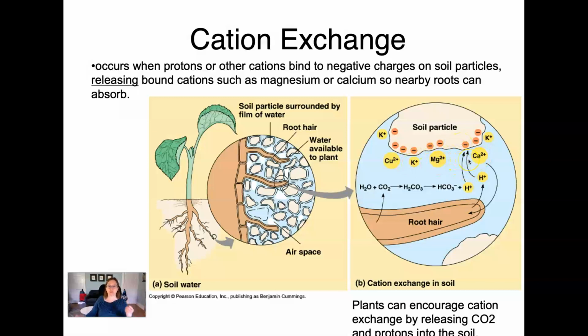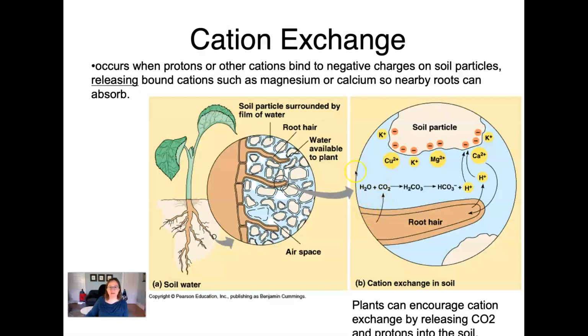cations released from the soil particle, the plant actively releases CO2 from the root hair, CO2 that is a product of respiration in the roots.